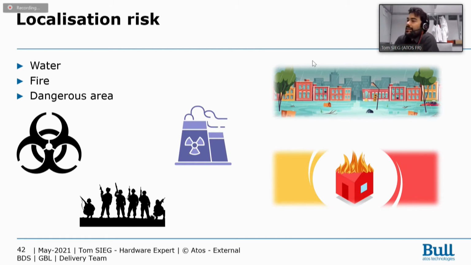So of course the water could be an advantage, depending on your water cooling system. If you use water to cool your system, for example, if you have an adiabatic tower, if you use a closing water system to cool your cluster, and have a water source just near your cluster, it's good.